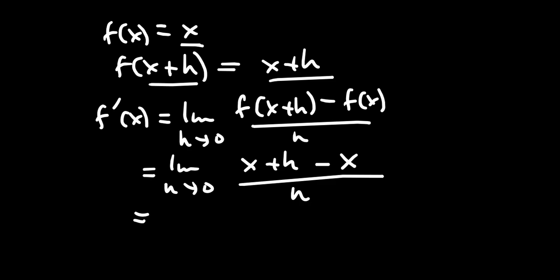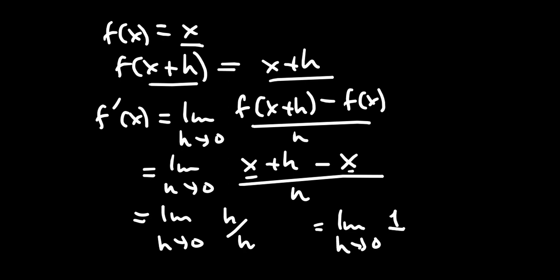So from here, the limit as h approaches 0: the x and the negative x subtract to give 0. Then you have h remaining, divided by h. This is just going to be equal to the limit as h approaches 0 of 1. And I have no h remaining here, so this is just equal to 1. So we've used the first principle in order to differentiate.